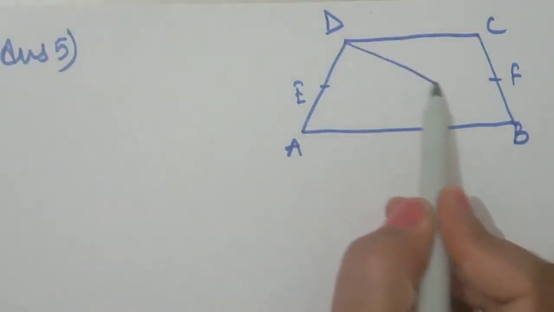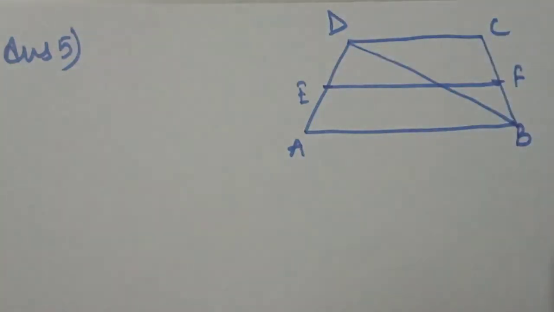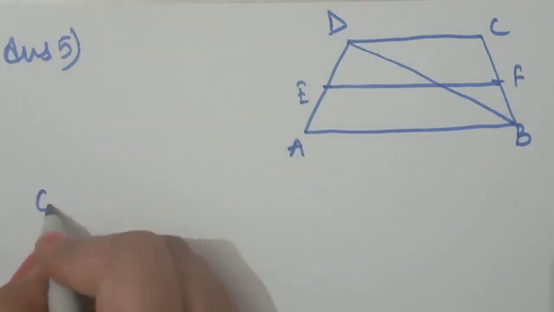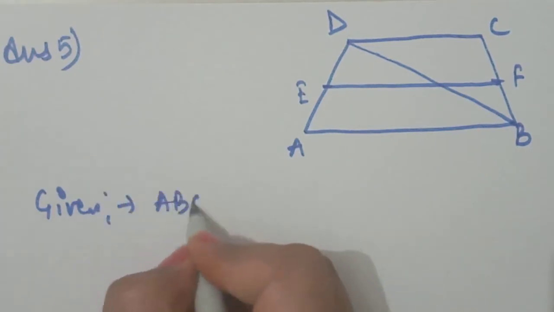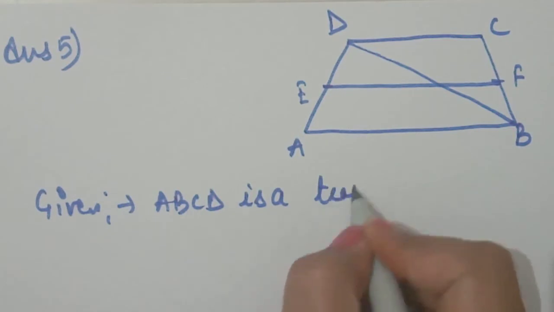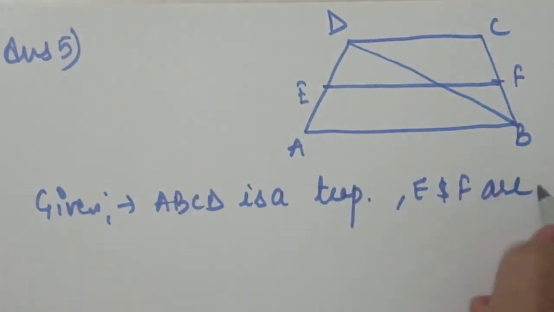This is our median, and this line joins the midpoints. So first of all, we have one construction here. We have to write what is given. ABCD is a trapezium. E and F are midpoints.